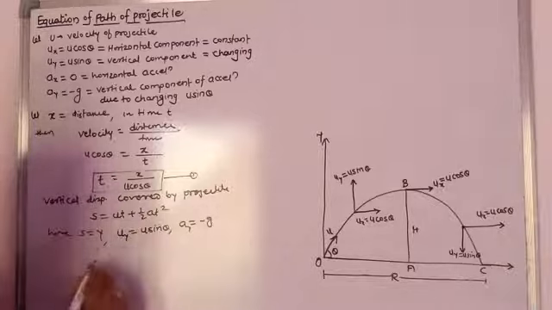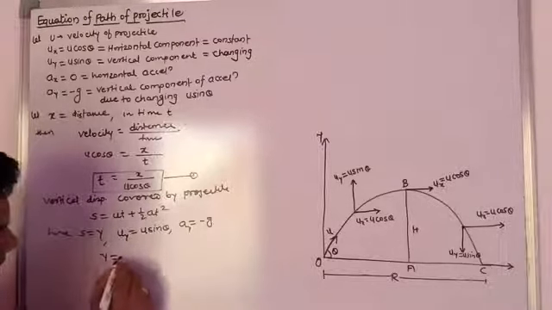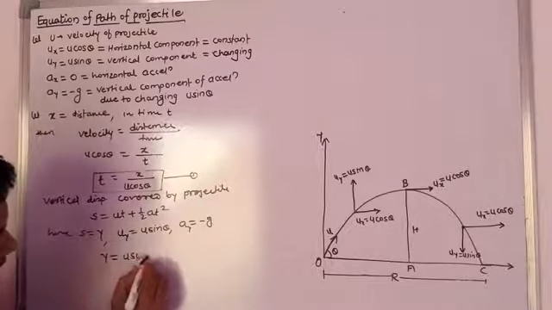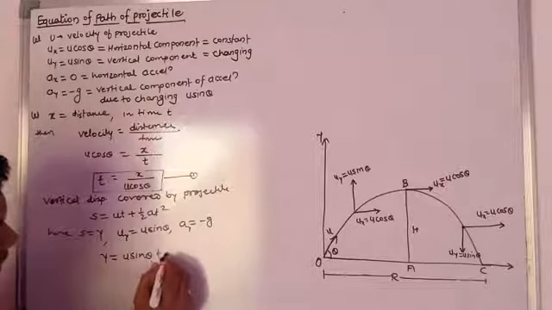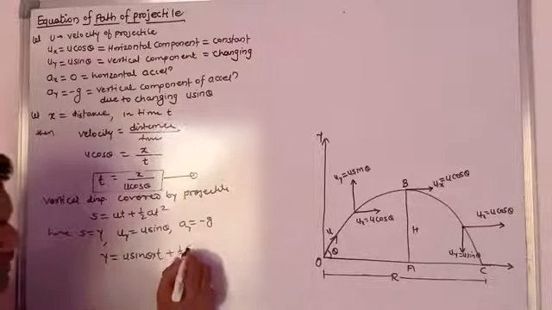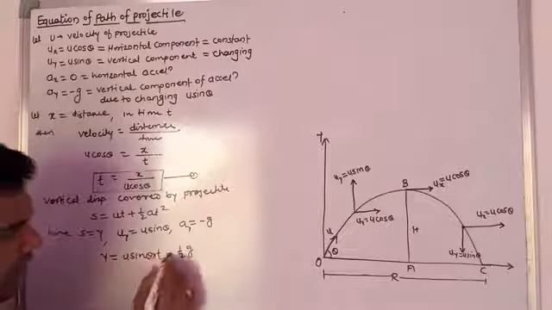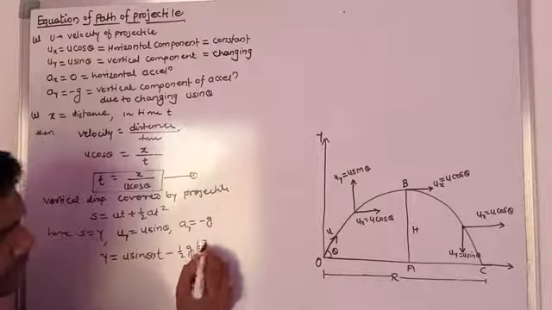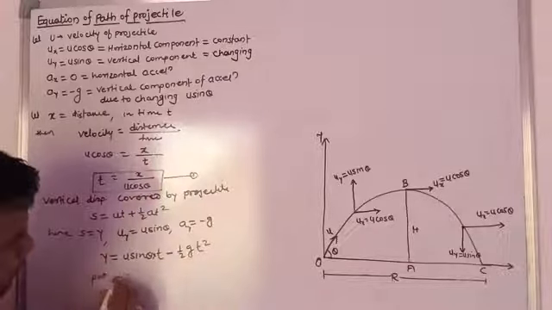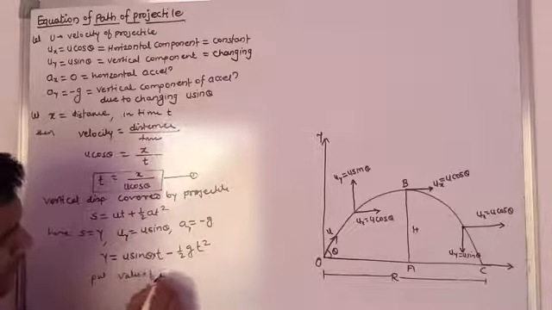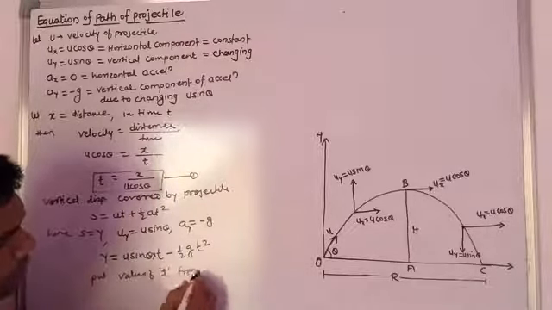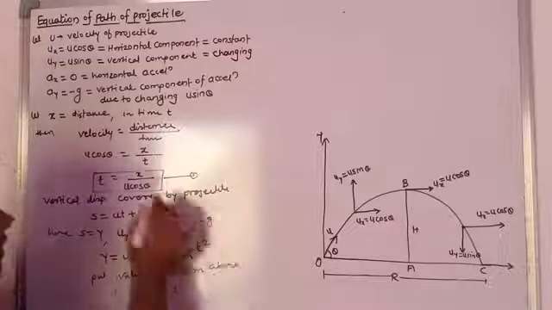Now put these values, therefore y can be written as u sin theta into t plus half a, where a is minus g, and therefore we can write minus half g t square. Now put the value of t from the above equation.